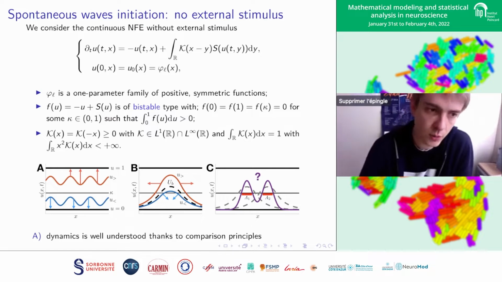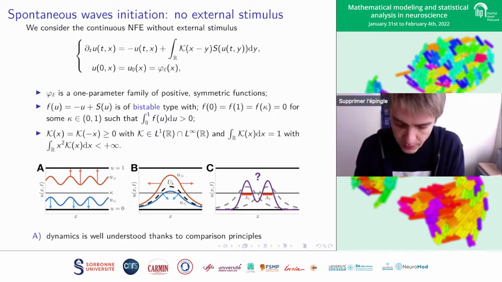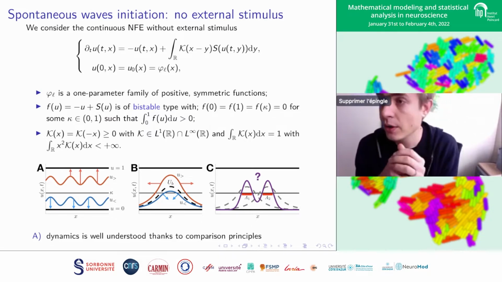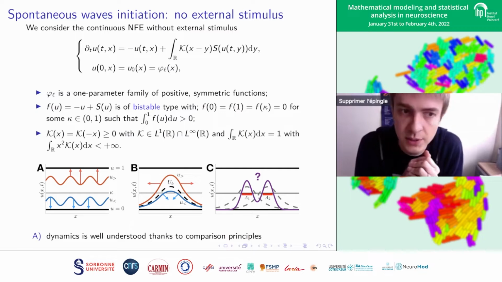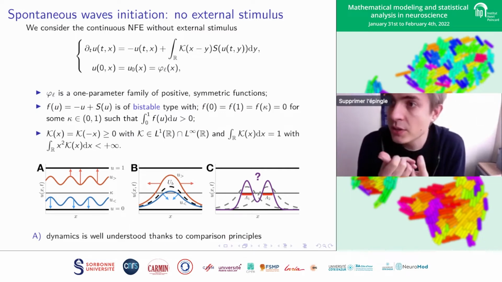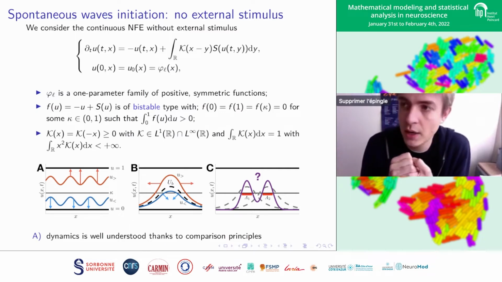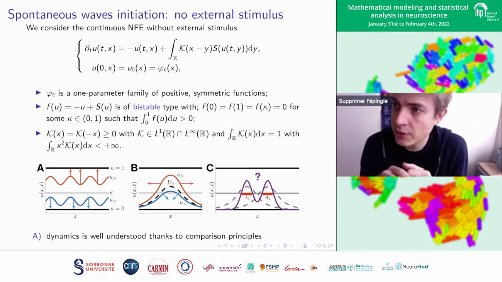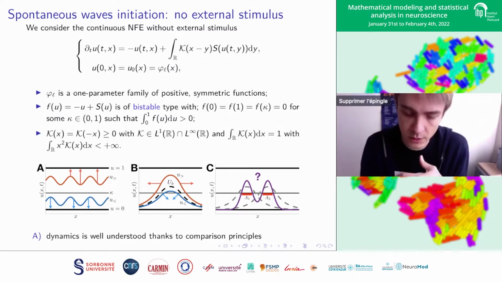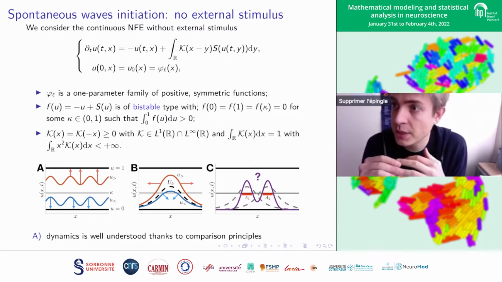What makes the analysis interesting is the type of initial condition that we'll be considering, the type of internal dynamics, and the structure of the network, meaning the type of connectivity kernel that I'm picking.